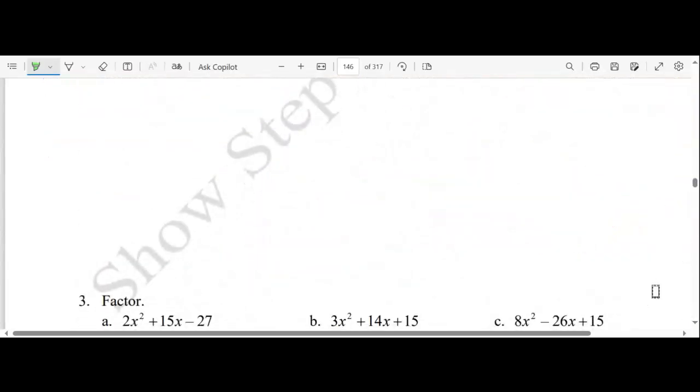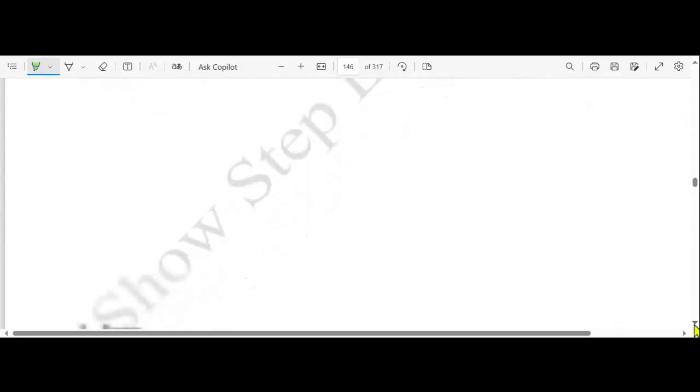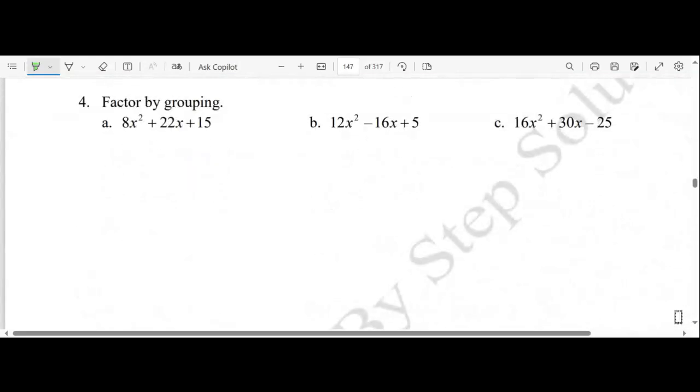Okay. Factor by grouping. What does grouping mean? It means how many terms? 4 terms. Do I have 4 terms here? No. So I have to divide the one in the middle here into 2 terms.